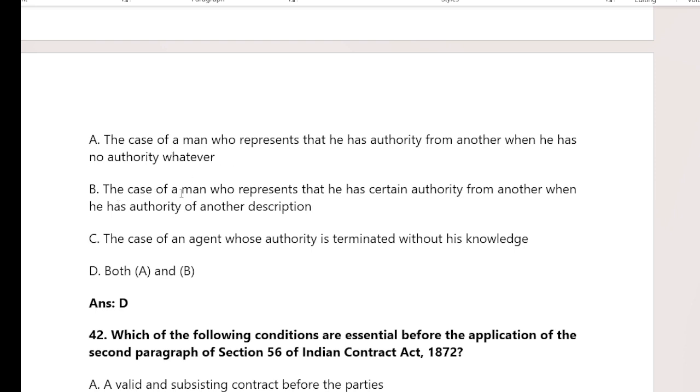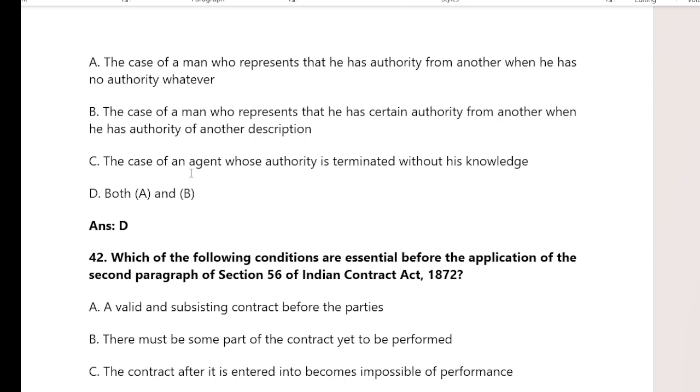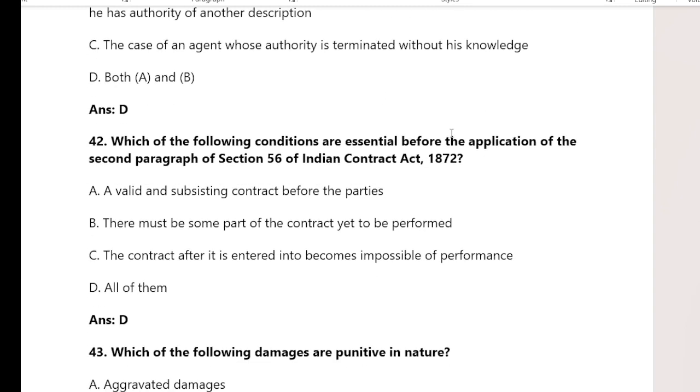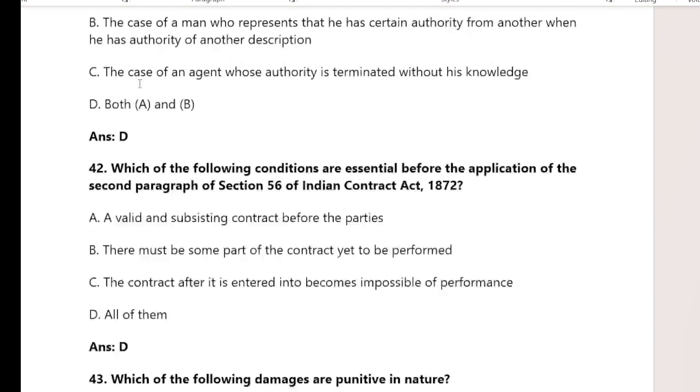B: the case of a man who represents that he has certain authority from another when he has authority of another description. C: the case of an agent whose authority is terminated without his knowledge. Both A and B, and the right answer is both A and B.